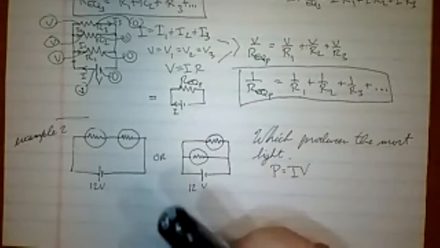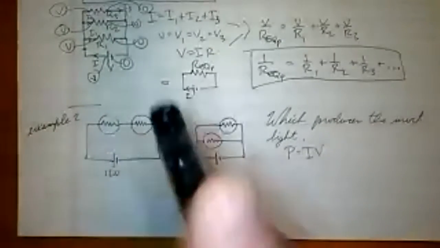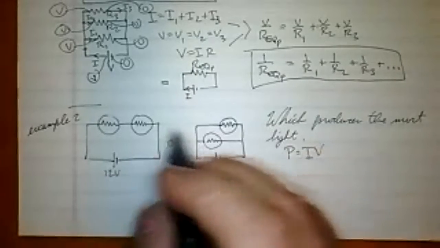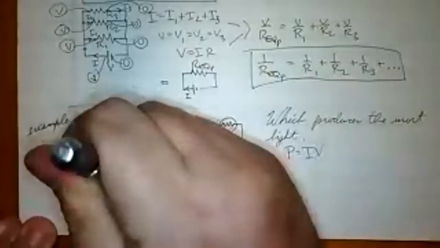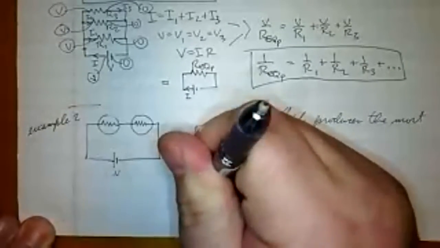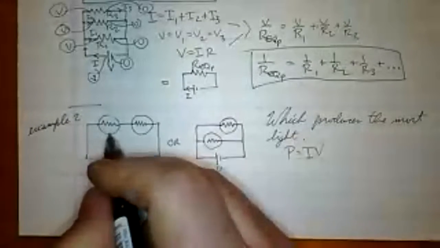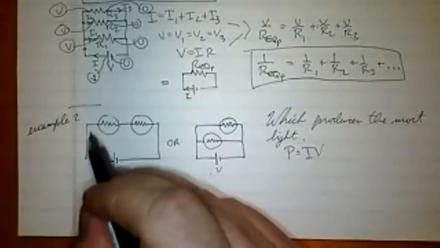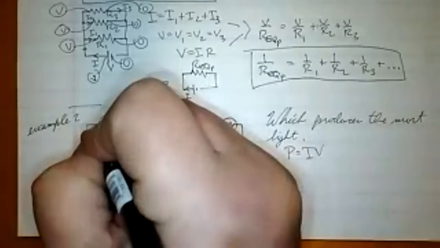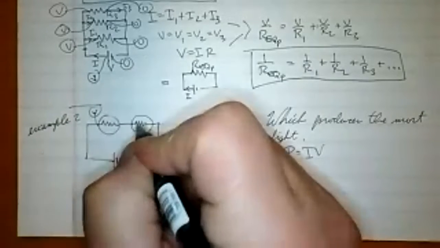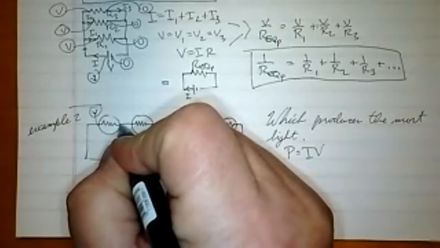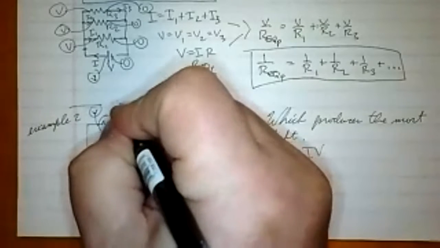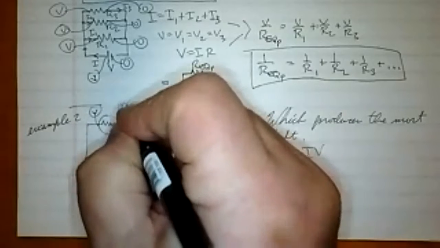So yeah, that's exactly what we need to do. Let's think about it for a second, and I'm going to work out the details of this one. What I know is that V equals IR, right? So in this case, let's forget about 12. I'm just going to call that V. And what I see is, since these are identical, the voltage is going to go from V right here to something else right here, and then that same thing right here.